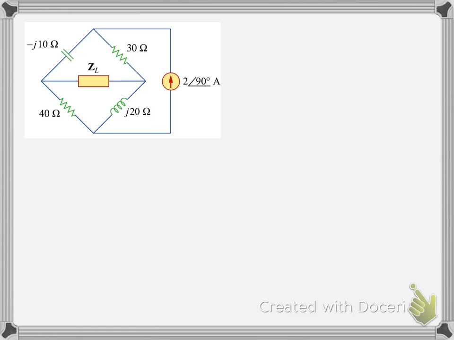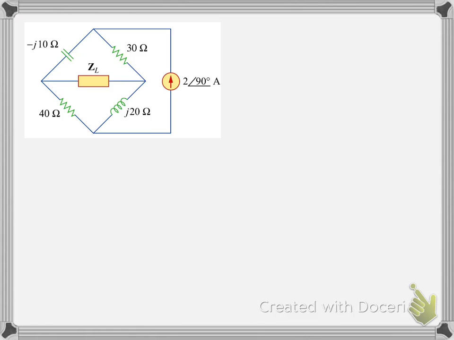Now, in dealing with this kind of problems, you have to recall Thevenin's theorem, wherein you have to determine the equivalent impedance at a specific part, and I'm referring to ZL, and also under ZL, you have to determine the VTH, or the open circuit voltage in that particular part of the circuit where ZL is installed.